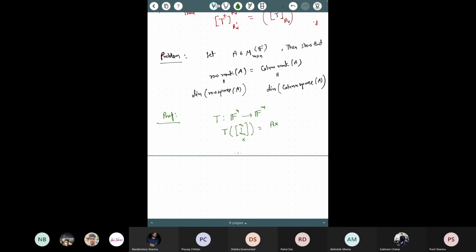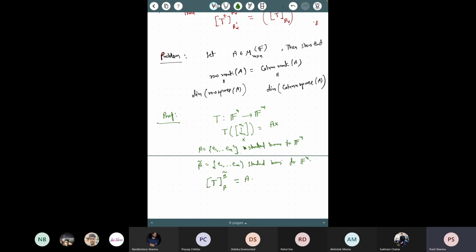For this map, if you take the standard basis for Fn and Fm, so let's say B for Fn is E1 to En, the standard basis for Fn, and let's say B tilde is E1 to Em, the standard basis for Fm. Then you can verify that the matrix of T with respect to this B and B tilde is actually A.